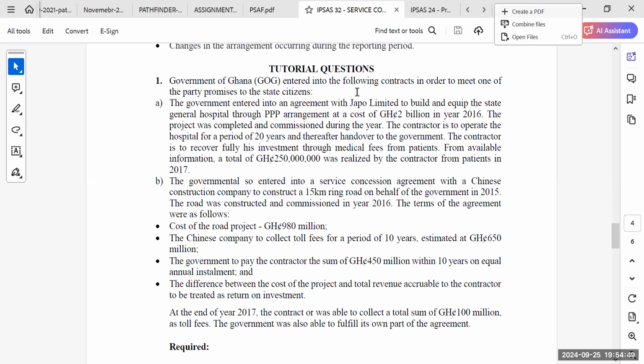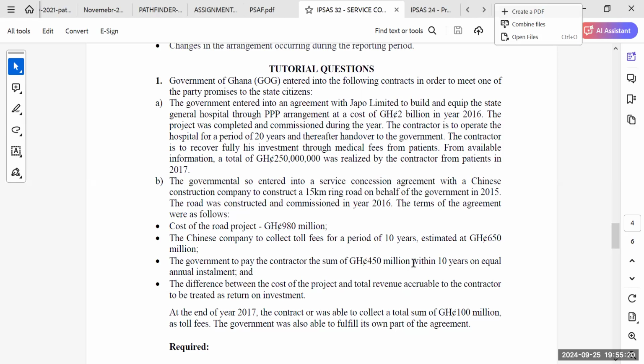The Chinese company to collect toll fees for a period of years, estimated at 650 million Ghana cedis. 3. The government to pay the contractor a sum of 450 million Ghana cedis within 10 years on equal annual installments. And 4. The difference between the cost of the project and total revenue accruable to the contractor to be treated as return on investment.